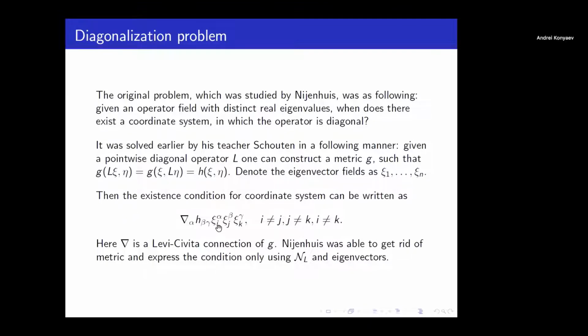Because in this condition you need to take at least 3 different eigenvectors. In dimension 2, there are no 3 different eigenvectors, at least 2 of them coincide. This is in fact correct, because in dimension 2, for an operator, if it can be brought to diagonal form at each point, then it can be diagonalized on the entire neighborhood.